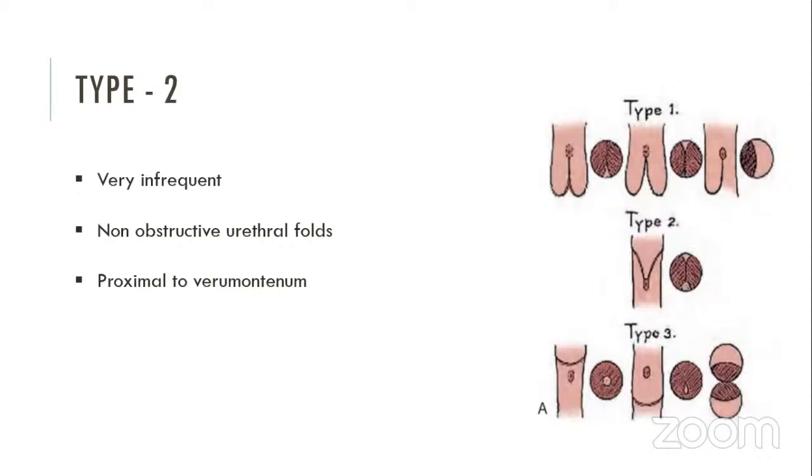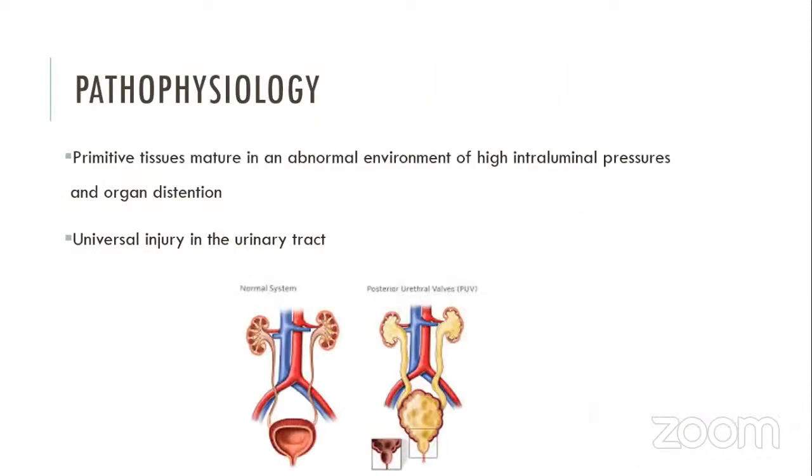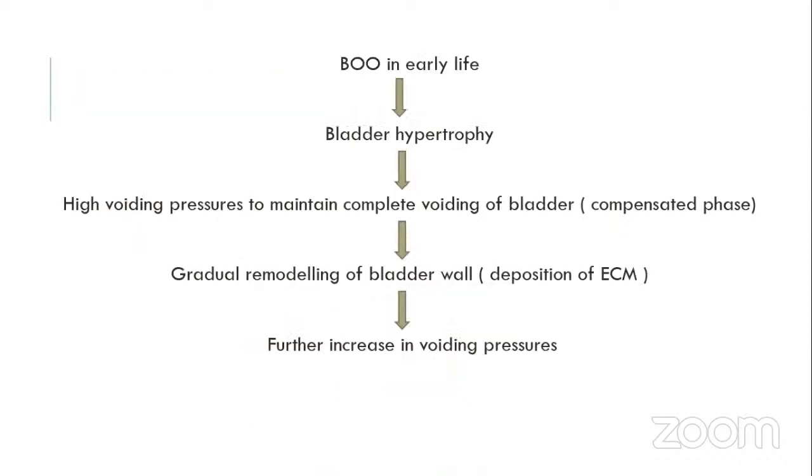Then pathophysiology: because of the bladder outlet obstruction, there is an increase in intraluminal pressure, which causes universal injury in the upper urinary tract. Bladder outlet obstruction in early life leads to bladder hypertrophy, which causes high voiding pressure to maintain complete voiding of the bladder. Up to this stage, it is the compensated phase.